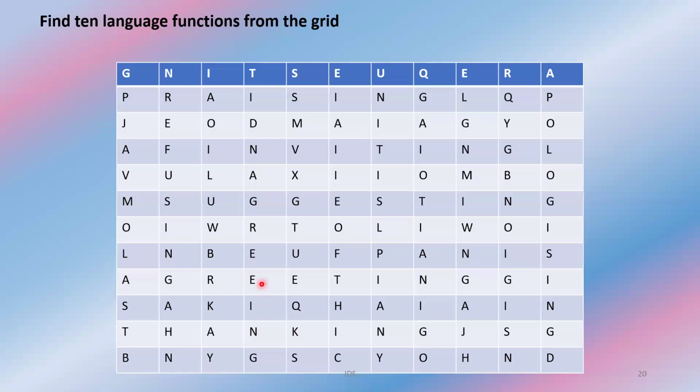It's not there. Ma'am, greeting is there in the 8th row, is it, ma'am? There we have a G, and then that continues. Greeting, right? So you have greeting over here.